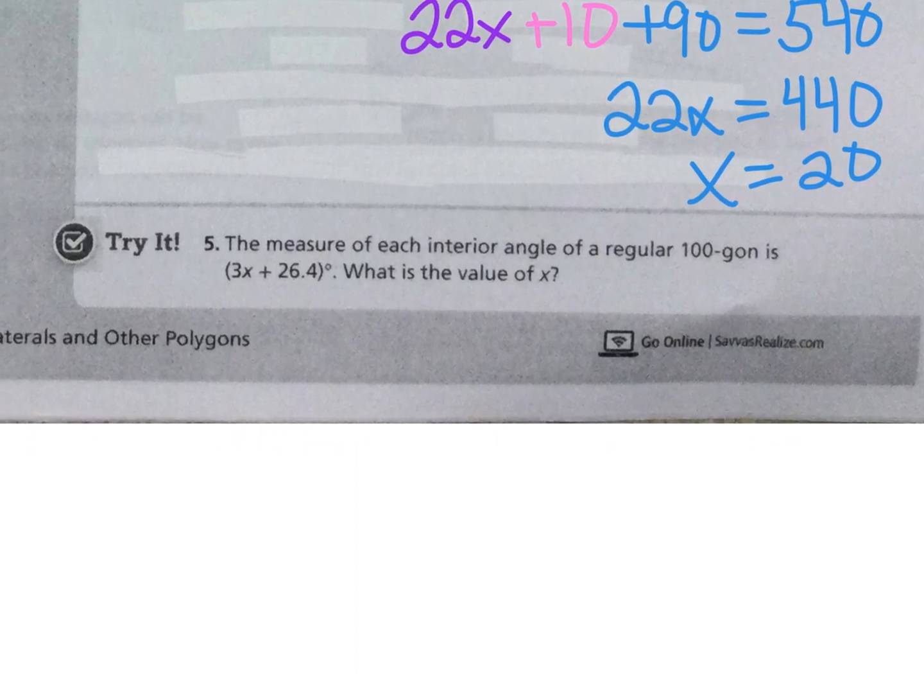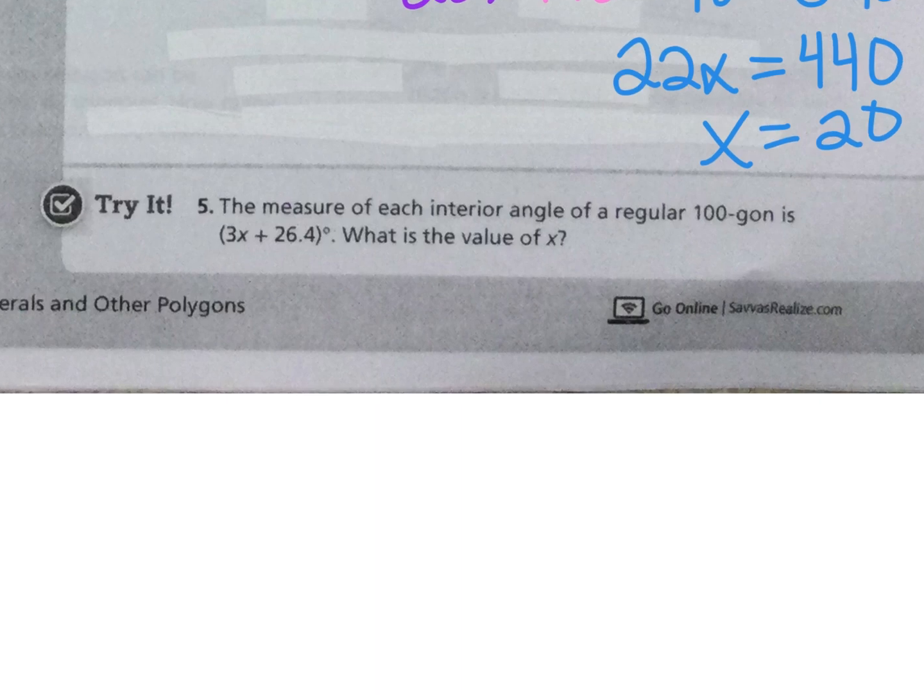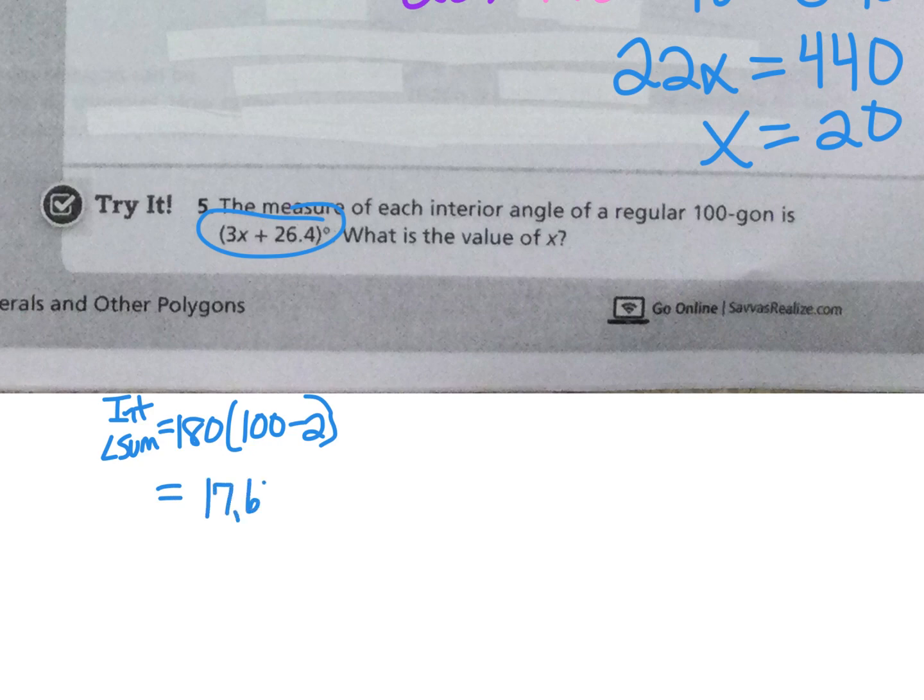The measure of each interior angle of a regular 100-gon is this. What is the value of x? Well, what is a 100-gon? Let's see how much all of them add up to be. The interior angle sum: all the interior angles are going to add up to be 180 times 100 minus 2, which is 17,640. So each one of those measures this.